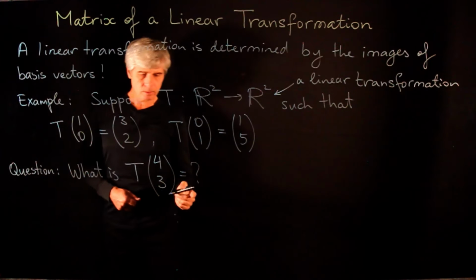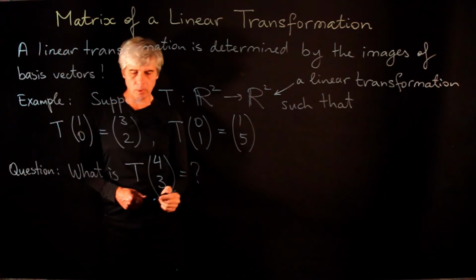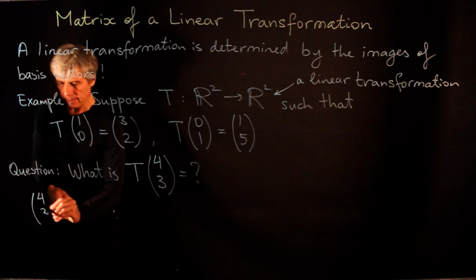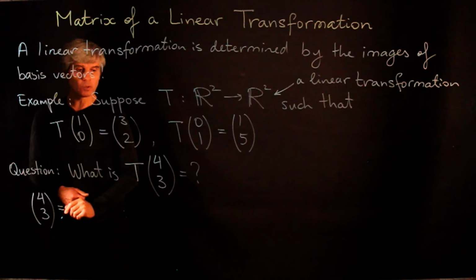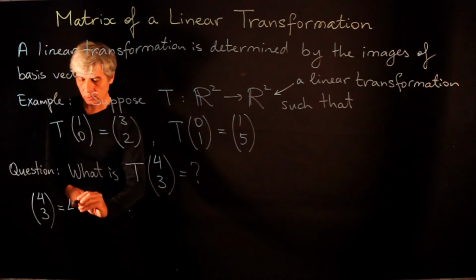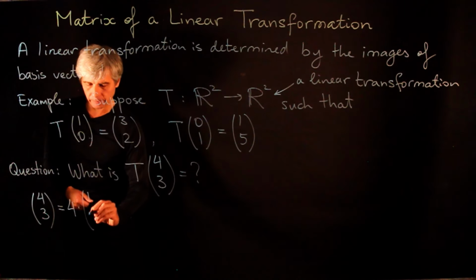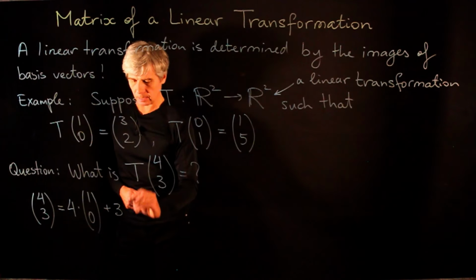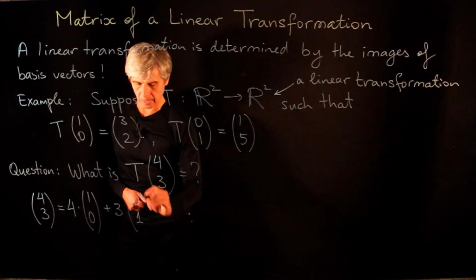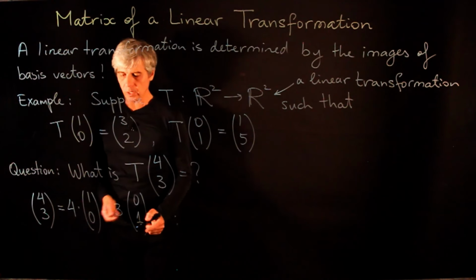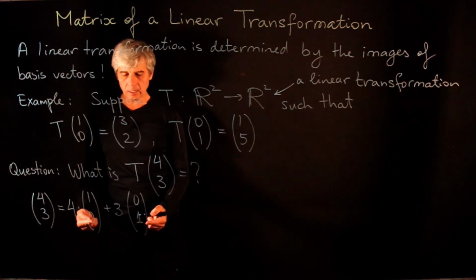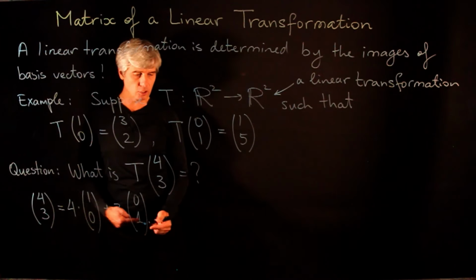So the idea to answering this question is the following. We can write (4, 3) as a linear combination of basis vectors. So this is 4 times (1, 0) plus 3 times (0, 1). But then we know that a linear transformation transforms linear combinations into linear combinations.